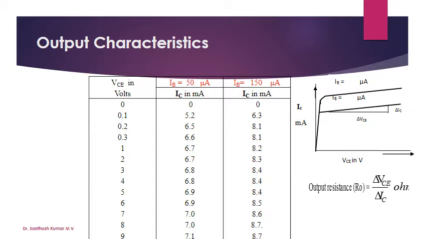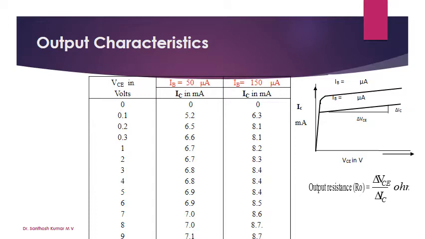Upon taking the readings of output characteristics, all the values are entered in the tabular column. These are the two columns which are measured in the output characteristic studies for the two values of base current. For the first value, we took the base current constant as 50 microamps, and in the second trial we took the base current as 150 microamps.